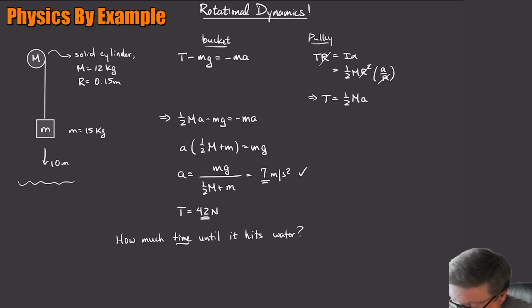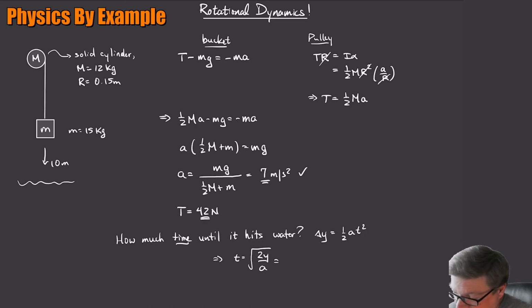Delta y, the change in the y position, let's call down positive just for kicks, is just going to be 1/2 a t squared. So the time is just going to be the square root of 2y over a.